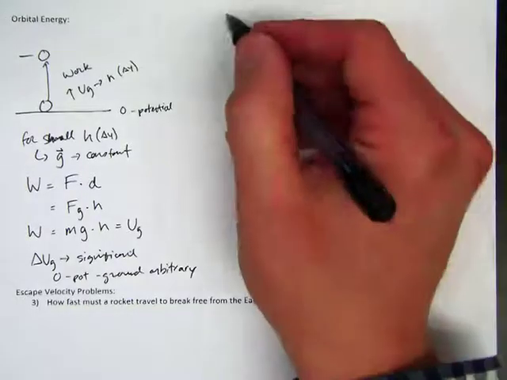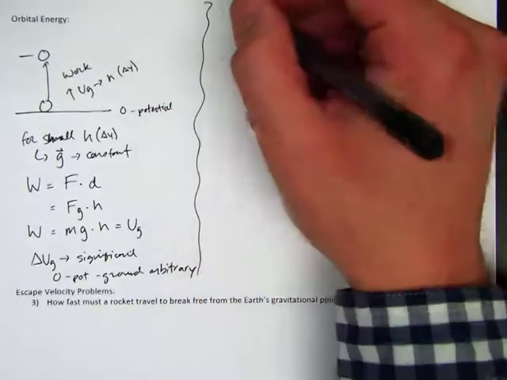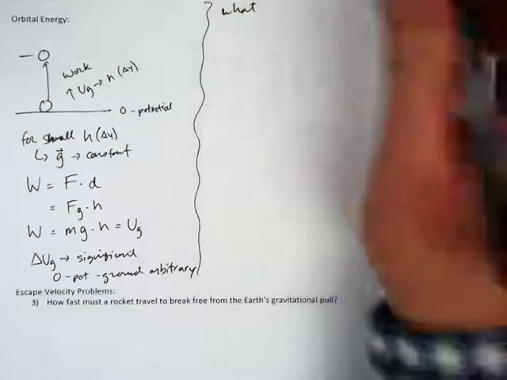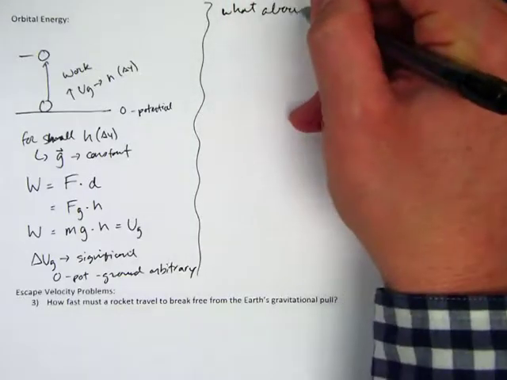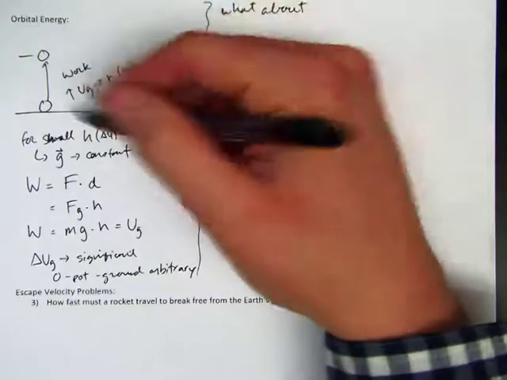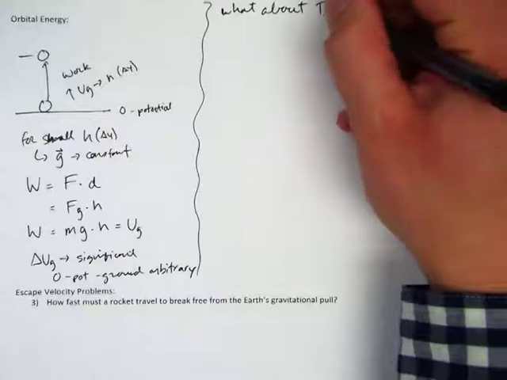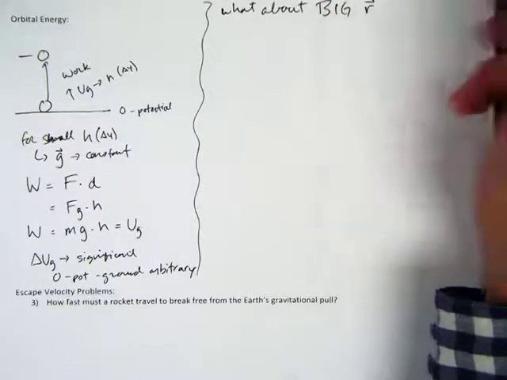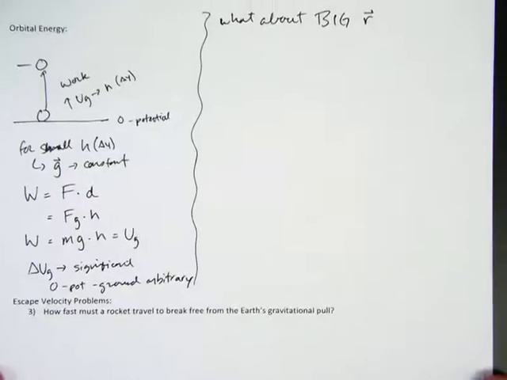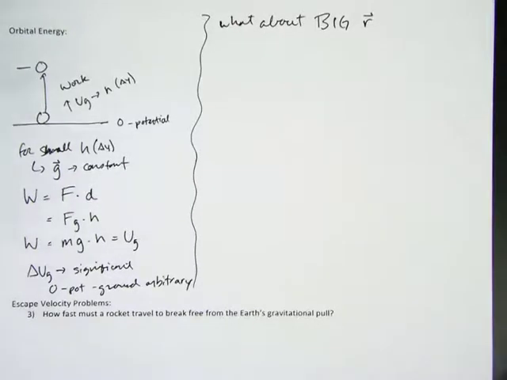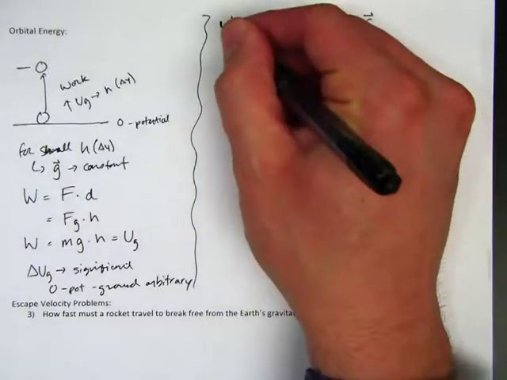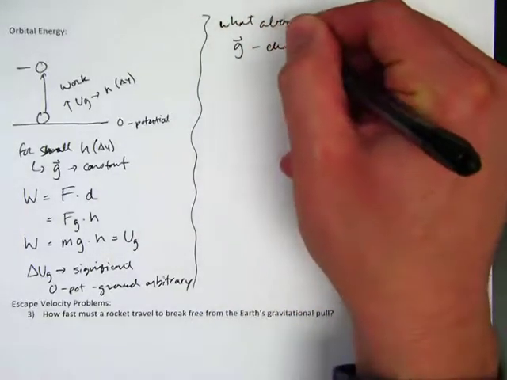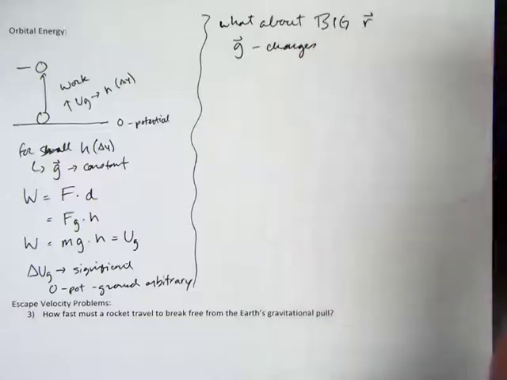All right, well now, what about looking at the same approach but for really big distances, or big r values? So on the scale of the planets or the galaxies or the solar system, what happens is that g changes as we move farther and farther away.